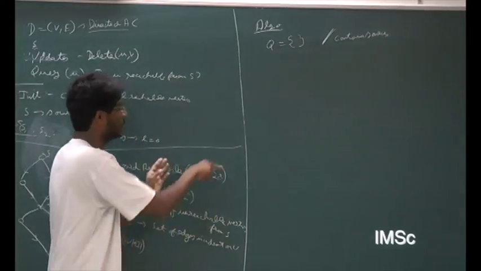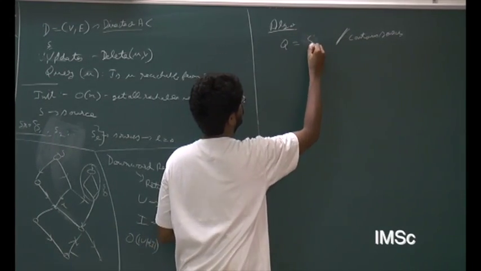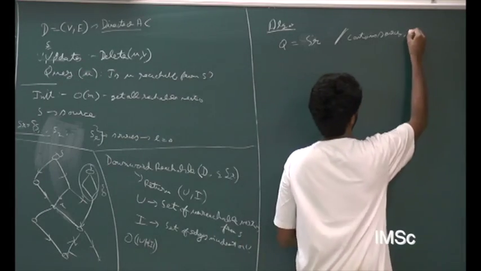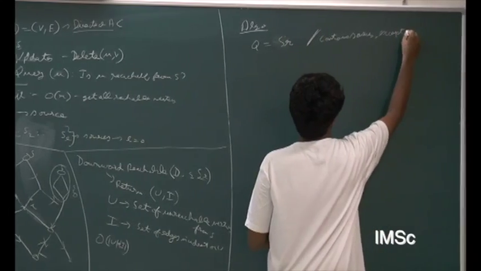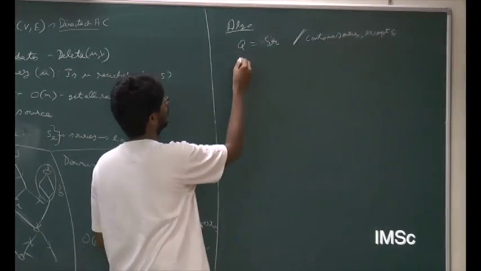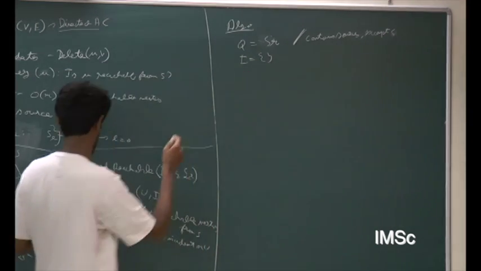So initially you can set Q to be SR, the sources except S, sorry. And you set I to be empty, U to be empty.